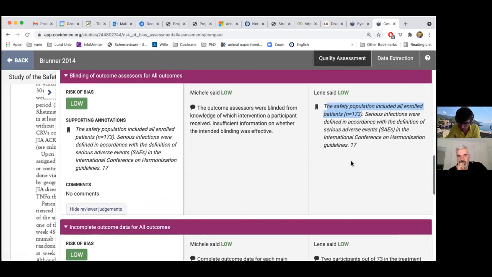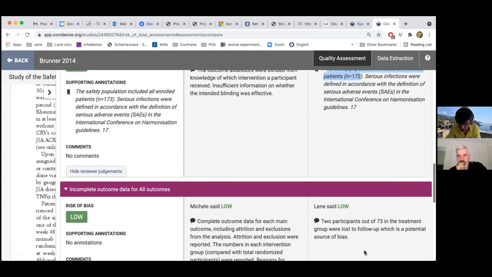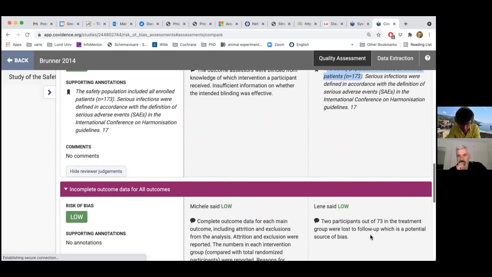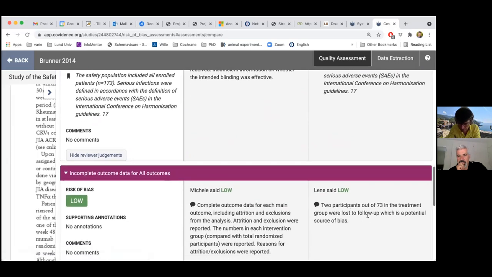So the number of infants is 173 or 73. But in any case, 2 out of 73 still is very low, so we are not concerned because it's acceptable to have this dropout of 2 out of 73, which is something like 3%, is very low. We might accept even 10% without any worries.